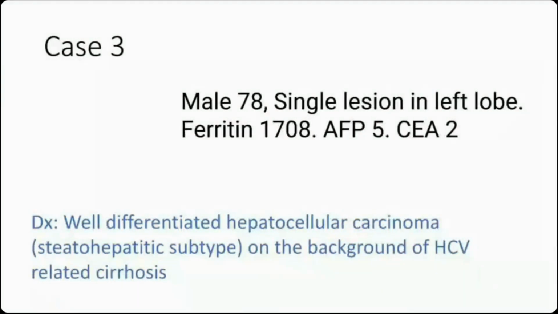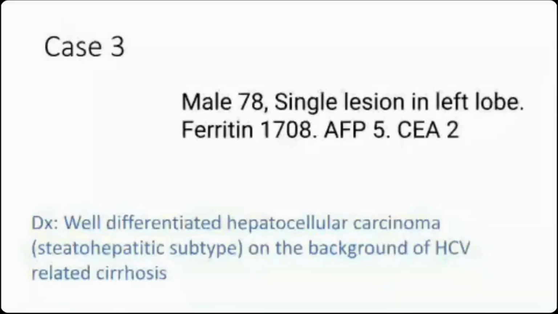I understand in sub-Saharan Africa the underlying etiologies differ, that you tend to have more hepatitis B, especially compounded by HIV co-infection, and also aflatoxin and secondary iron overload. So the etiologies are different worldwide.